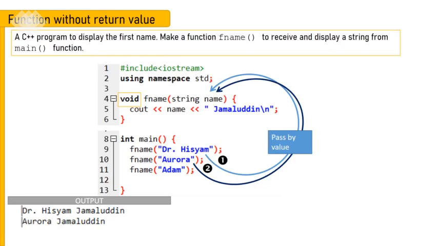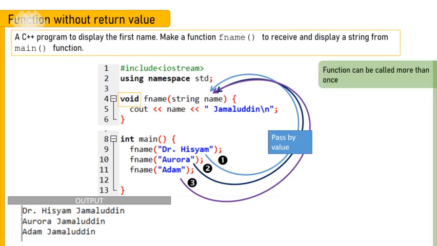Again, another function call calling the same function definition, sending the string Adam into the formal parameter string name. Adam Jamaluddin will be displayed. After the execution, the compiler will return to main in line 12 and reach the end of the main function in line 13.